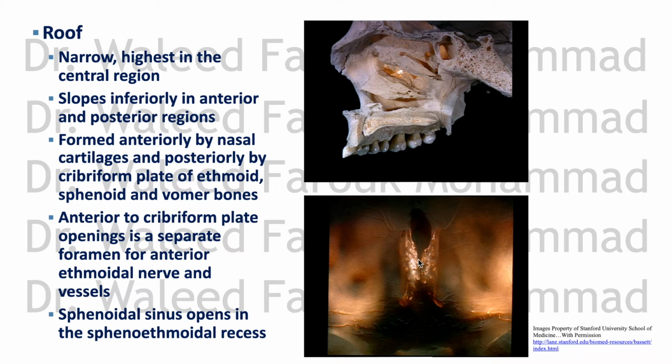And anterior to these foramina, you will find the special foramen for the anterior ethmoidal nerve and vessels. This is a picture of the anterior cranial fossa, where in the middle is the crista galli, and the cribriform plate on each side. This is actually the ethmoid bone. Remember the information about the sphenoid air sinus, that it opens in the roof of the nose, not the lateral wall.